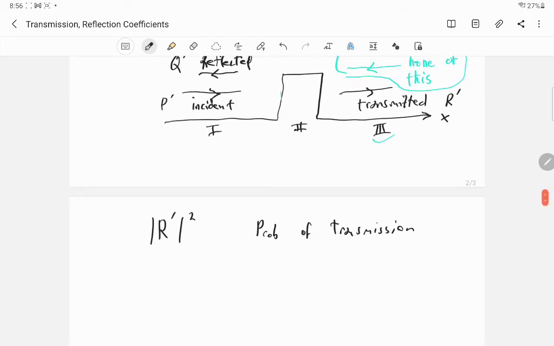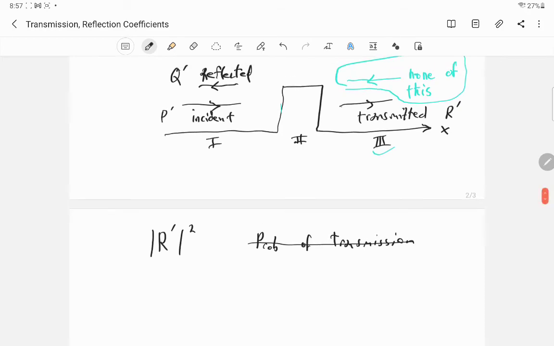But the thing is R prime is not normalizable. So instead of describing the probability of transmission of any particular electron, what we do is we back off and say, because this is not normalizable, what we want to do instead is compare the size of R prime with the size of P prime.